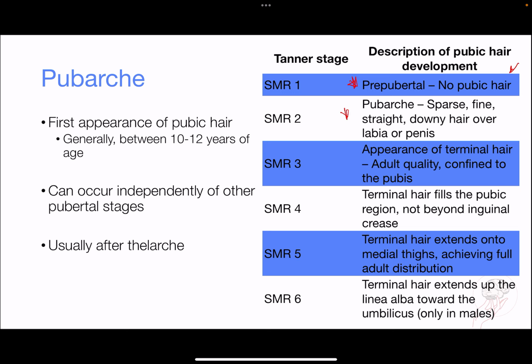In Tanner stage 2, we see some sparse, fine, straight, downy hair. It isn't until stage 3 that we start to see the appearance of terminal hair, which would be more like adult pubic hair. And then finally, we see that it starts kind of spreading out, developing further.